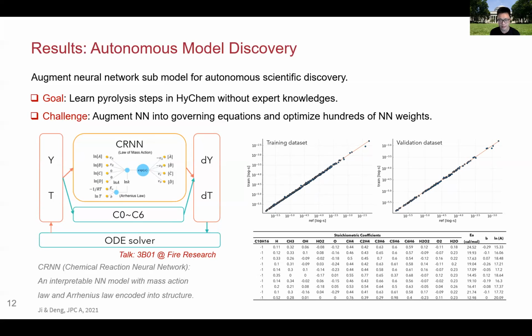In addition, the neural network that is learned is also interpretable, so we can translate the neural network into a chemical reaction mechanism. And you can learn more about this neural network architecture in our other talk in the fire research session.